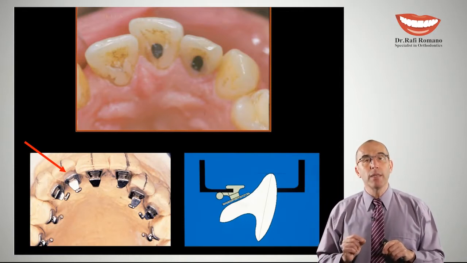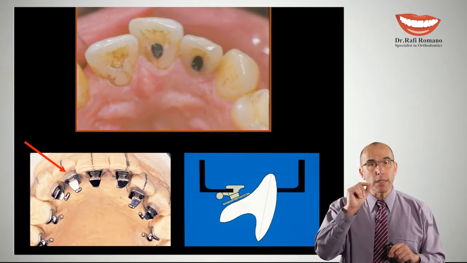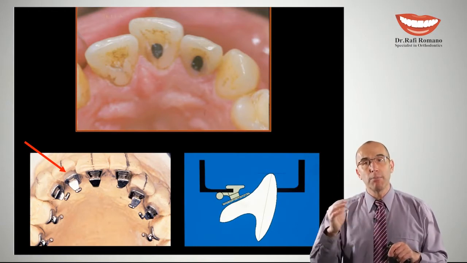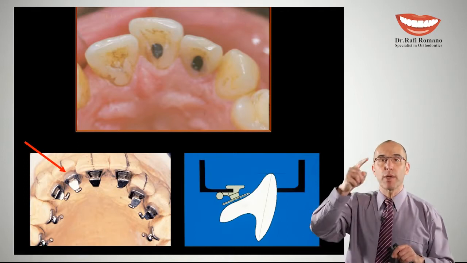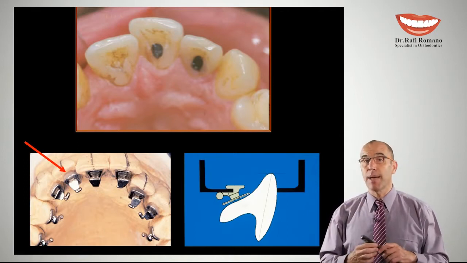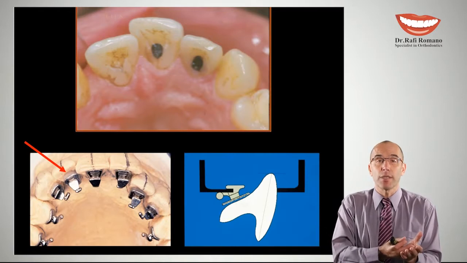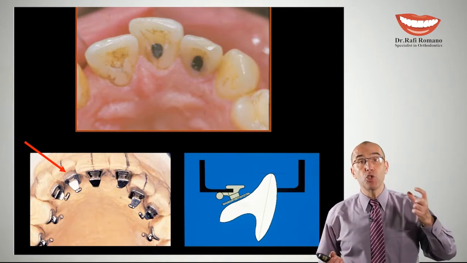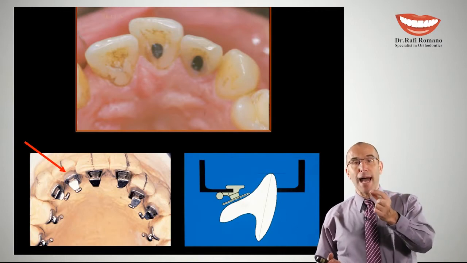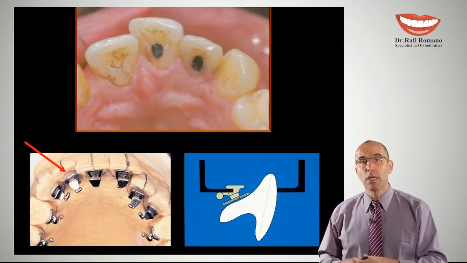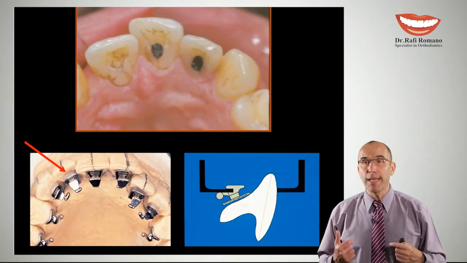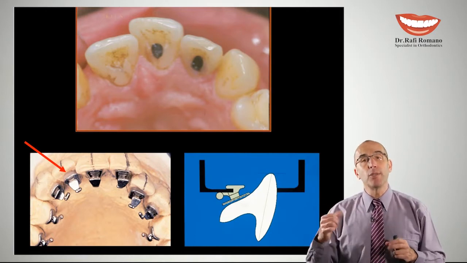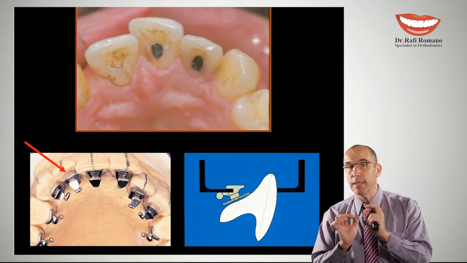So one way is to add composite on the back of the bracket, which will equalize all the teeth so you can put a straight wire. This is very nice, but then all the advantages of a minimal small bracket are lost, because then you get a huge bracket which is half metal and half composite. So this is why I recommend you to overcome the in and out problems by doing this small wire bending.